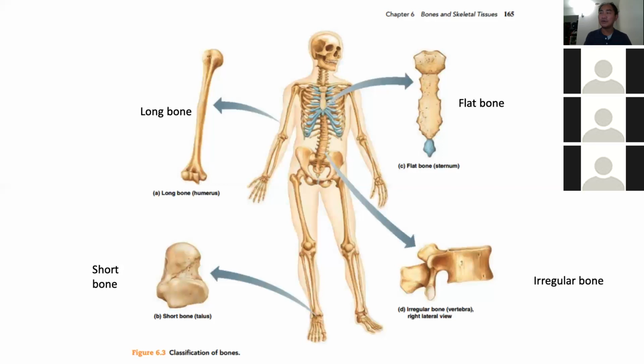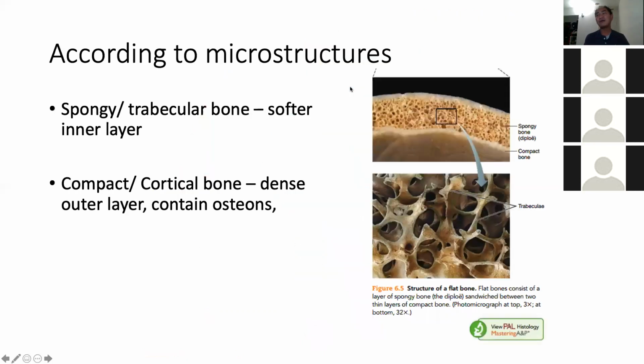Now the bone shapes: long bone, short bone, irregular bone with a very irregular shape, and flat bones like the sternum and skull bones. According to microstructure, compact or cortical bone is the dense outer layer, look at that. This is dense cortical bone. And spongy or trabecular bone is the softer inner layer.